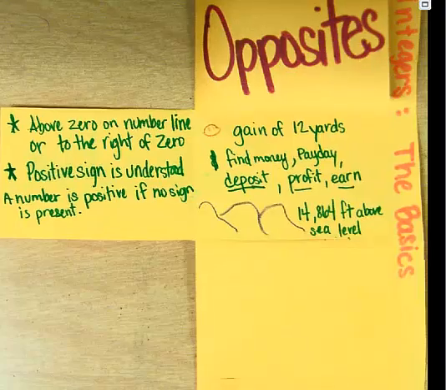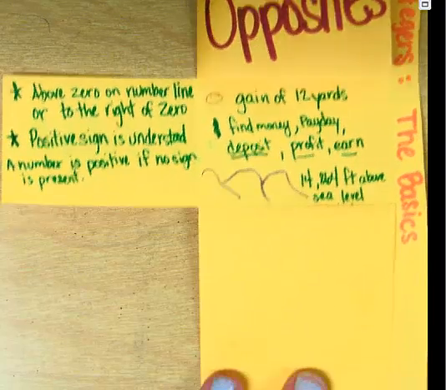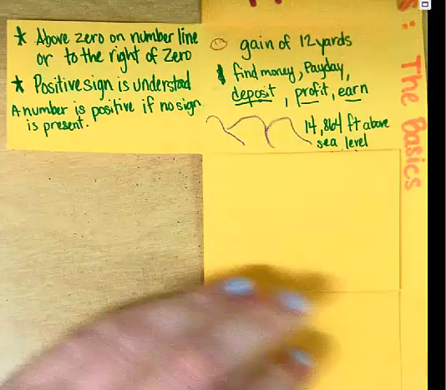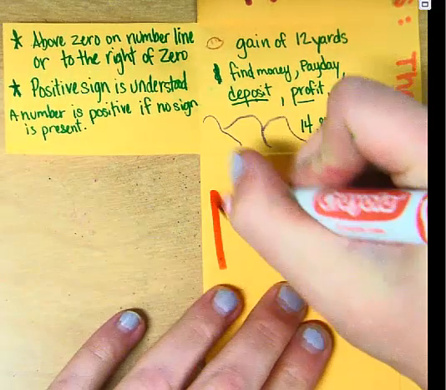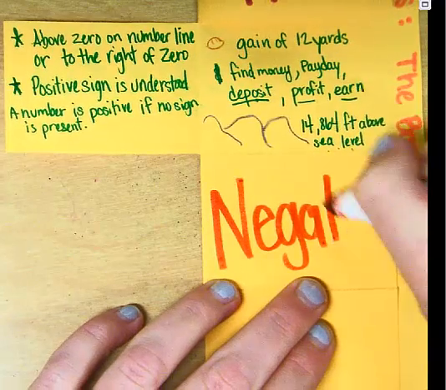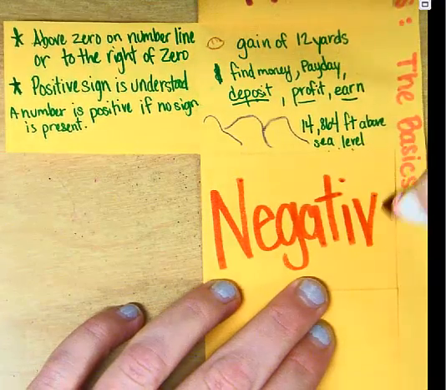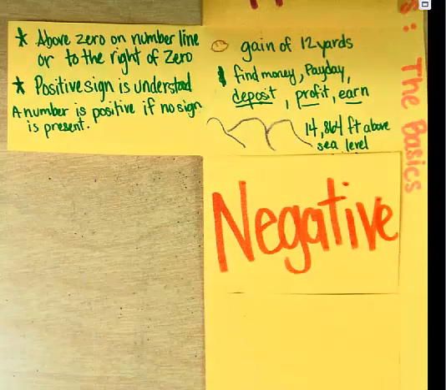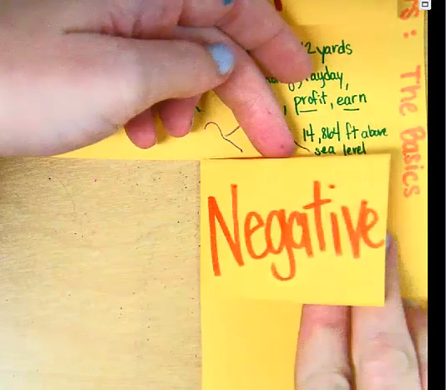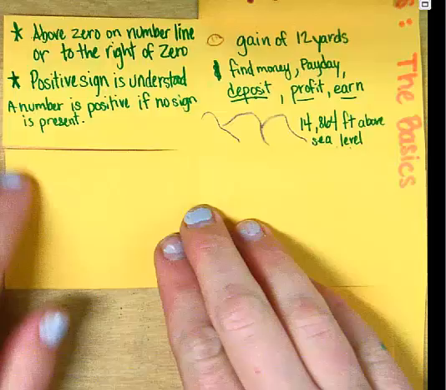So then the inverse of that would be negative. And my color choices here are deliberate. Red is typically the color we associate with negative.